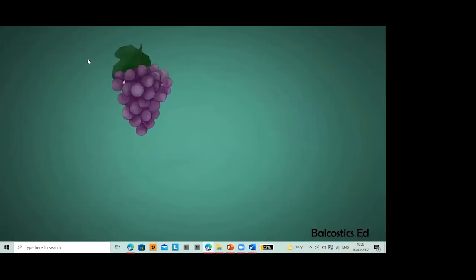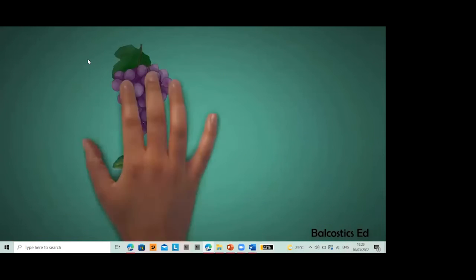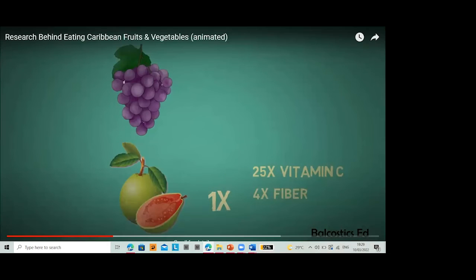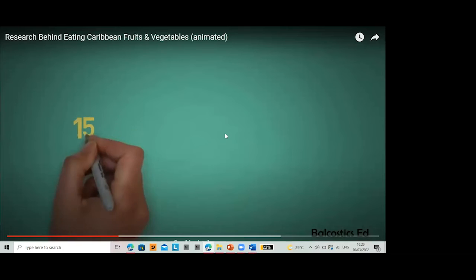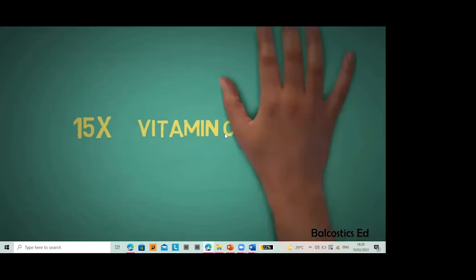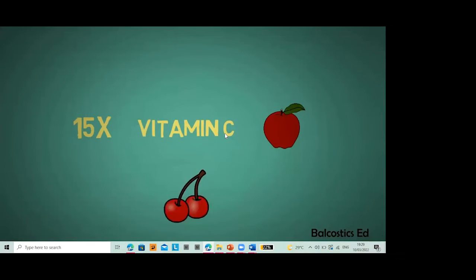In comparison to a whole bunch of grapes, one guava has 25 times more vitamin C, 4 times more fiber, and about the same potassium. Likewise, it would take 15 American apples to supply the vitamin C content of one West Indian cherry.